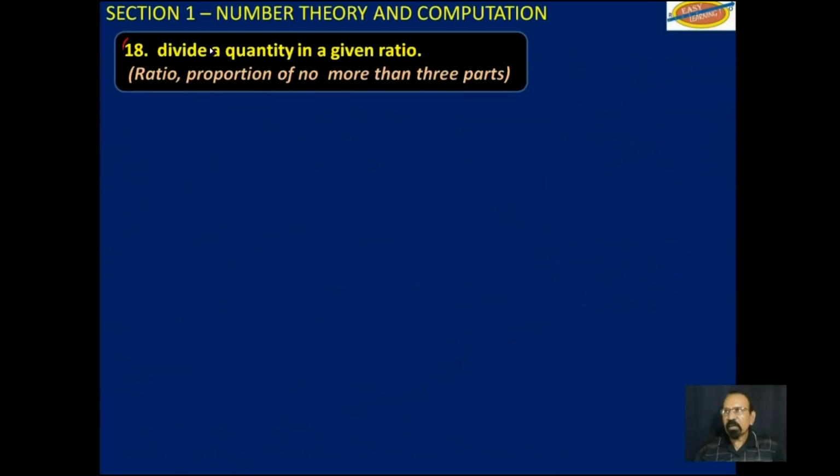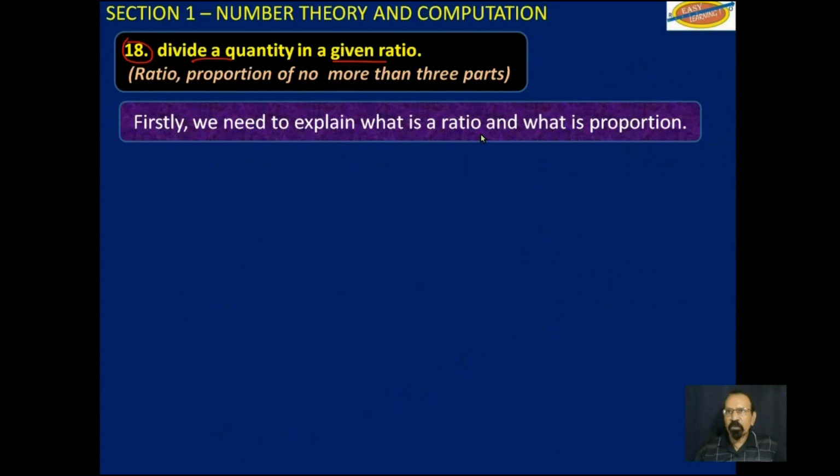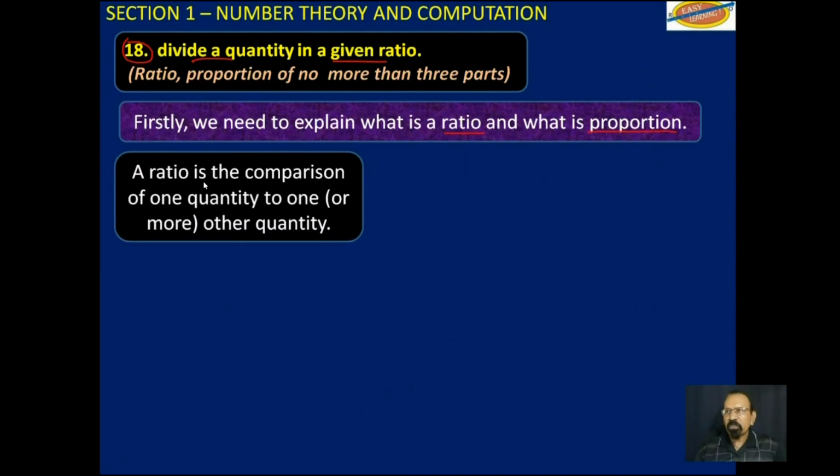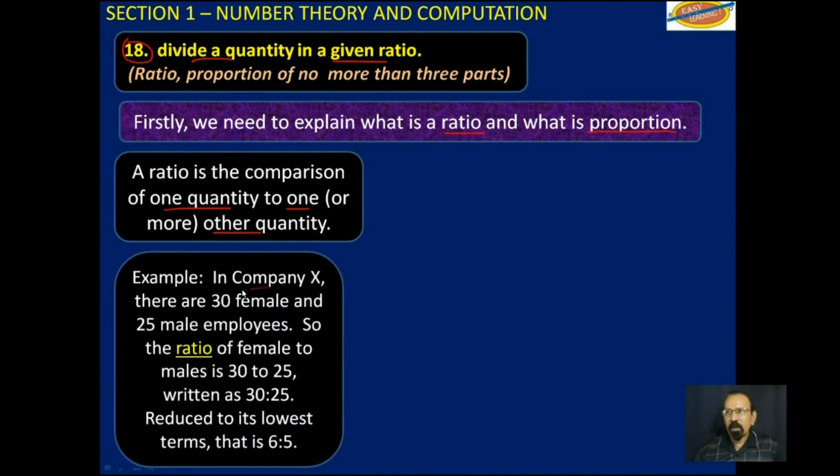So this objective specifically says to divide a quantity in a given ratio, and that is what we will be doing. Firstly, we need to explain what is a ratio and what is a proportion. A ratio is the comparison of one quantity to one or more other quantities. For example, in company X, there are 30 female and 25 male employees.